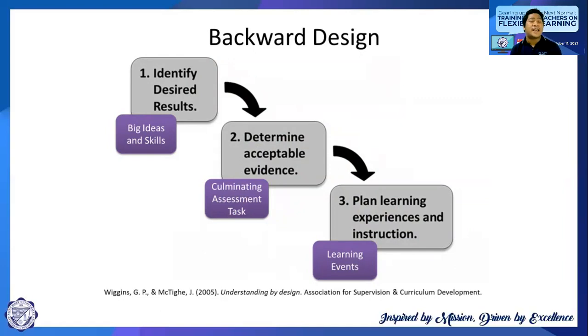Second step or second stage will be determining acceptable evidence, likened to the idea of assessment. And the third stage is to plan learning experiences and instruction, or to identify what are the different learning events that we will be doing so that we can achieve these desired results, and so that students may be able to produce or perform the acceptable evidences of learning.